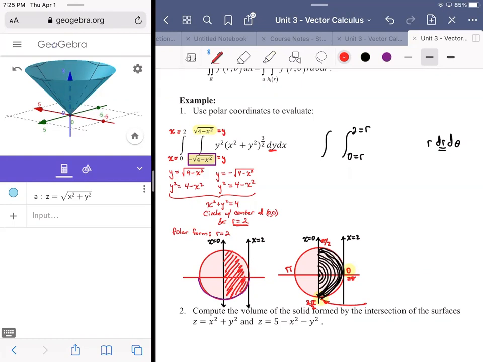This is 90 degrees or pi over 2 before 0. So we're dialing it back pi over 2. So negative pi over 2 would be my start. That's my low bound for theta, and then my upper bound would be pi over 2.